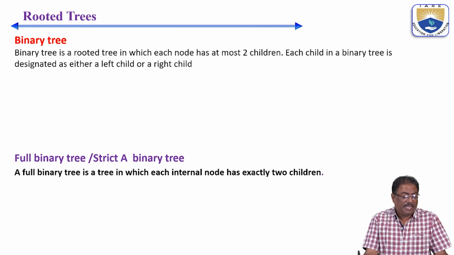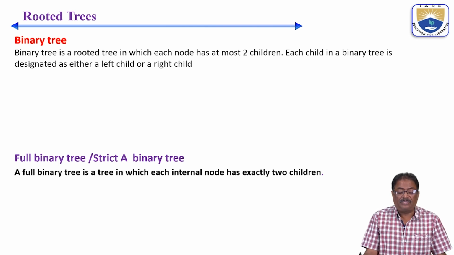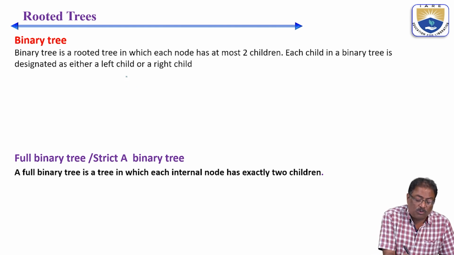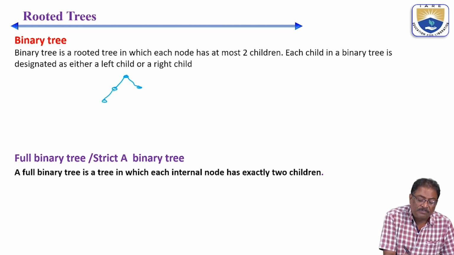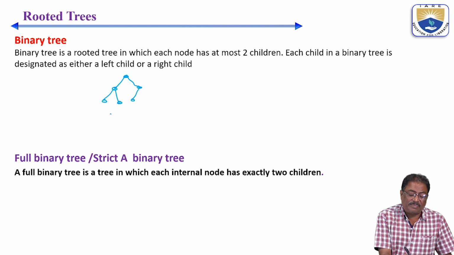That means the maximum is only two children. Suppose I consider a tree like this: it has two children, it has two children, and this has only one child. So it is known as a binary tree.